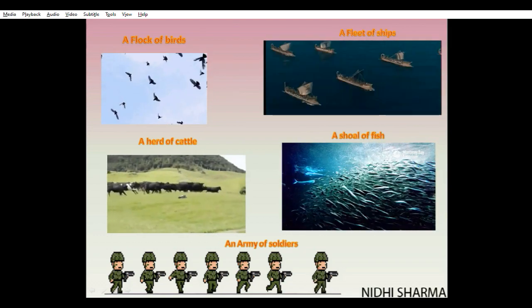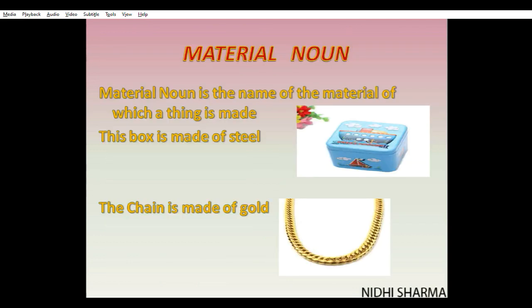Now let us go to the next type of noun, that is the material noun. A material noun is the term that refers to a material or substance from which things are made, such as silver, gold, iron, cotton, diamond and plastic. Cotton dress is cheap. So cotton is a material used for making a dress.